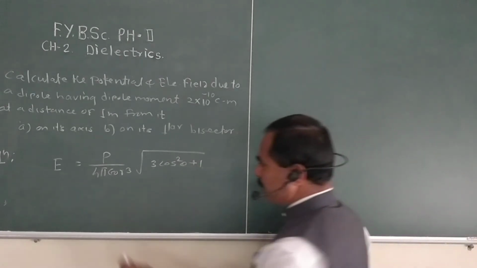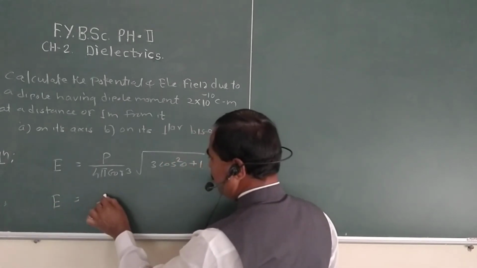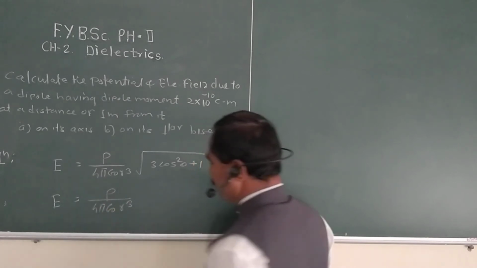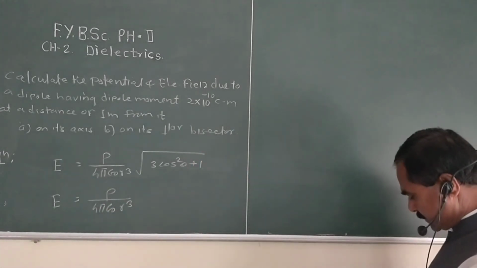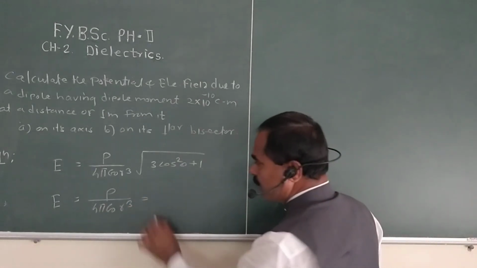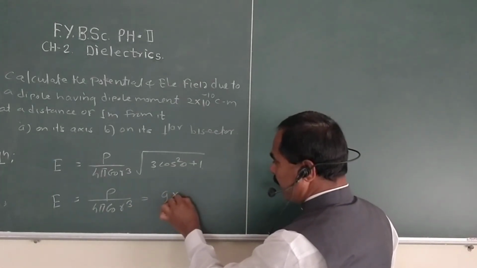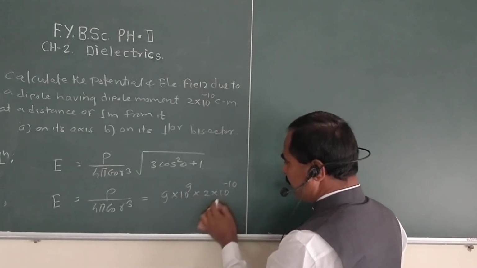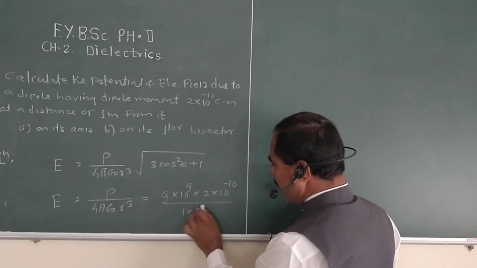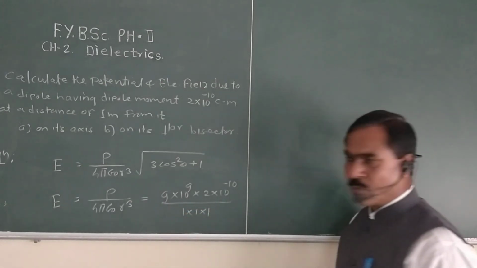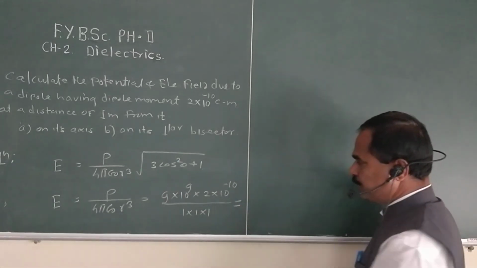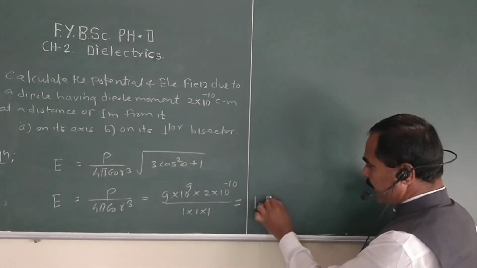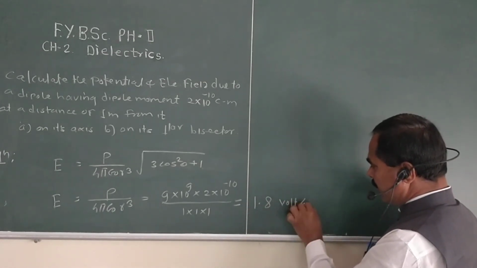Therefore equation becomes E equal to P upon 4 pi epsilon naught R cube, right? Then we substitute the values. 9 into 10 raised to 9 into 2 into 10 raised to minus 10 divided by again 1 into 1 into 1, that is R cube. Okay, so this calculation gives the value that is equal to 1.8 volt per meter.